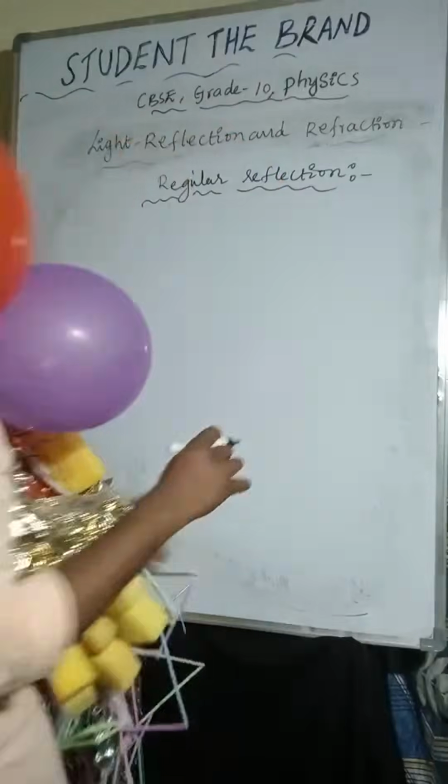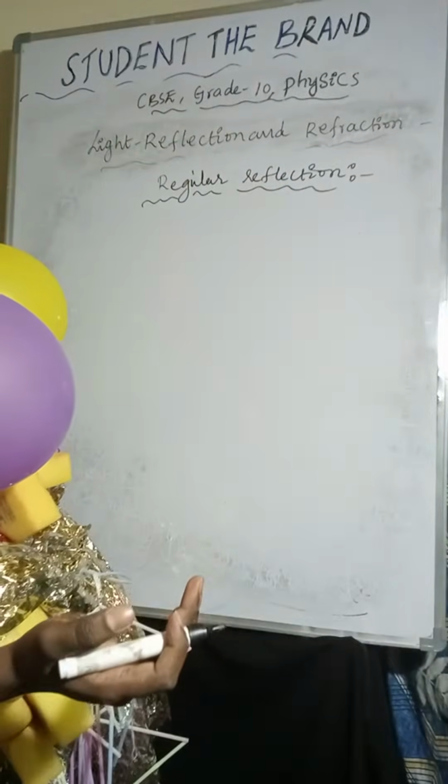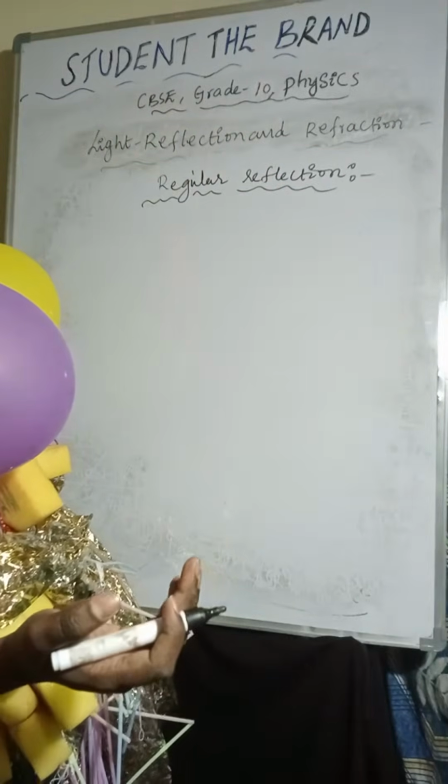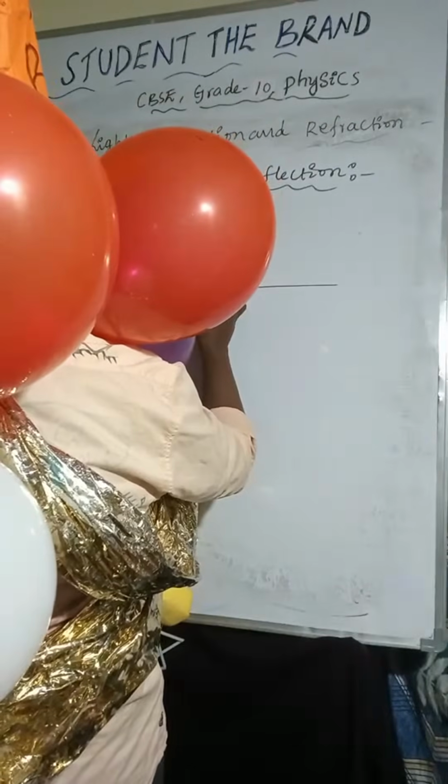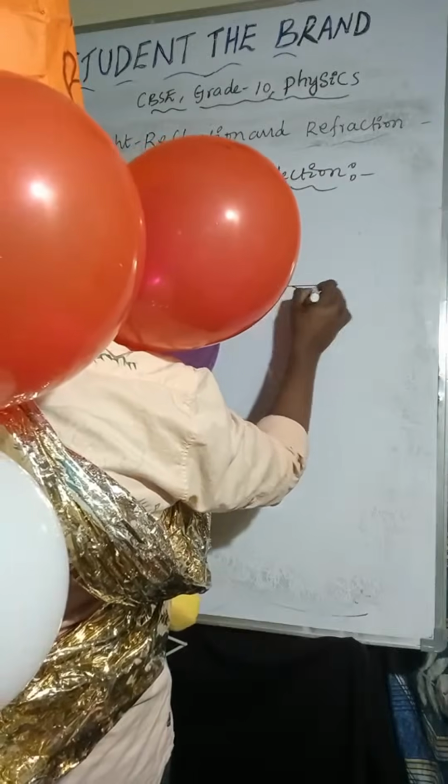Regular reflection takes place on a smooth surface, whereas irregular reflection takes place on a rough surface. So I am taking a smooth surface. So here you can observe.